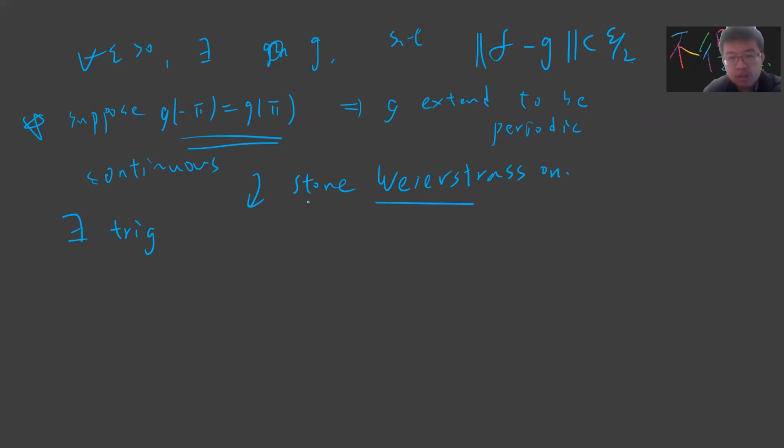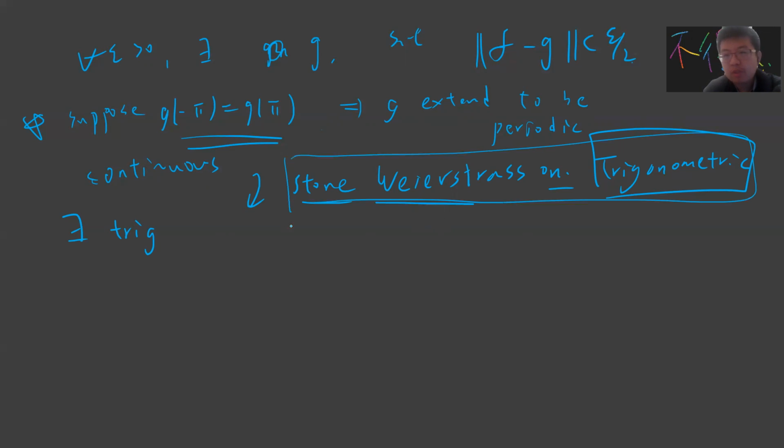I remember we proved this using some very hardcore machinery, and I already forget the proof, but you can check my previous video; I will post the link below. So there is a trigonometric polynomial t of degree n such that the norm of t minus g is less than or equal to epsilon divided by 2.